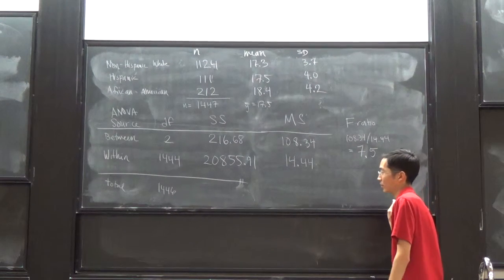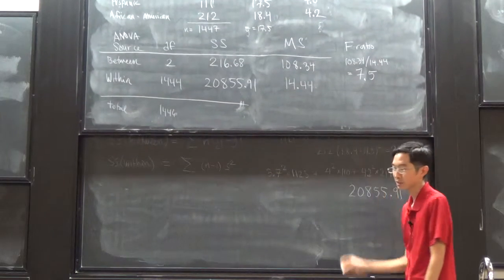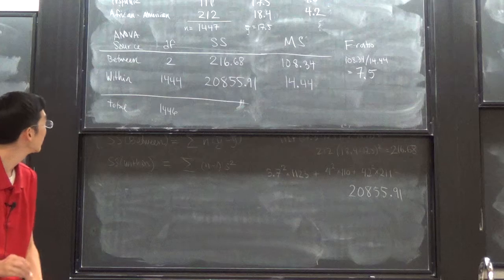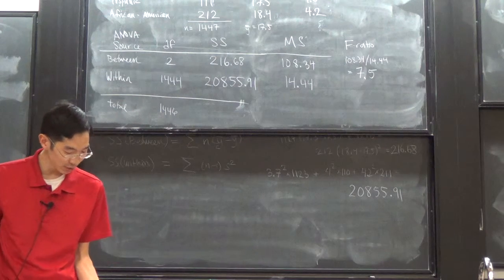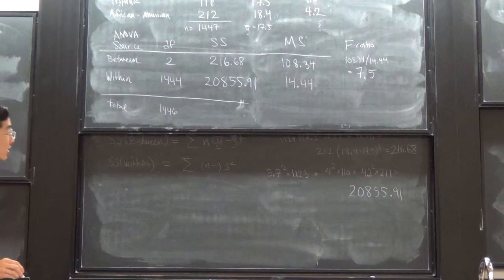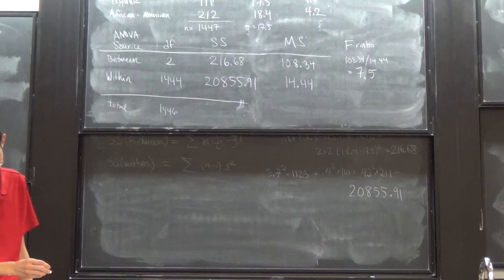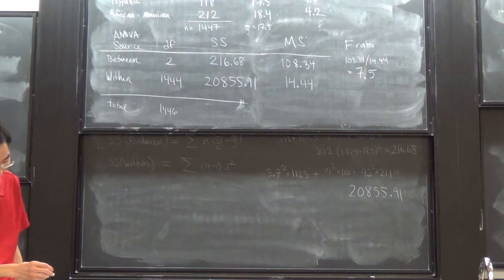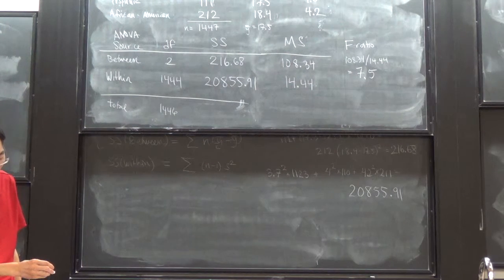Okay. Good. So we can go to our F table, and we would use numerator degrees of freedom 2, and denominator degrees of freedom, something between 140 and infinity.